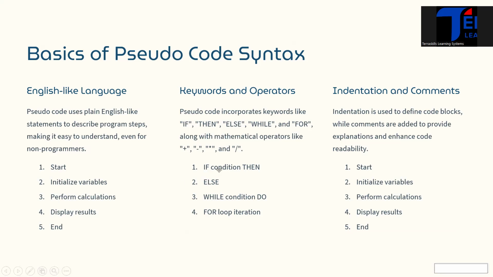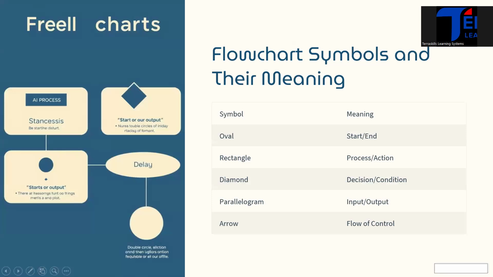Then the conditional statement would probably be: if person equals the registered face, then you initialize the variable, open the door, else tell the person to wait. Then perform calculations when it needs calculations to know if it can permit the person to come in or not. So that's the whole idea about the basics of pseudocode syntax.